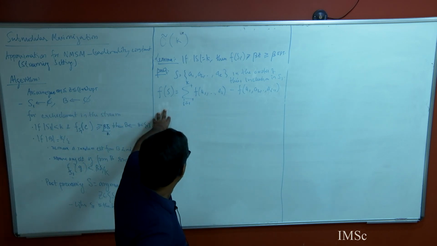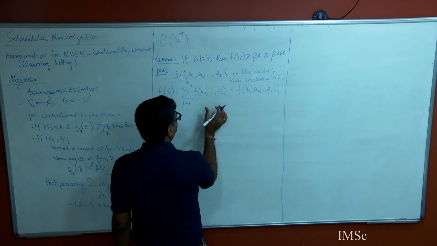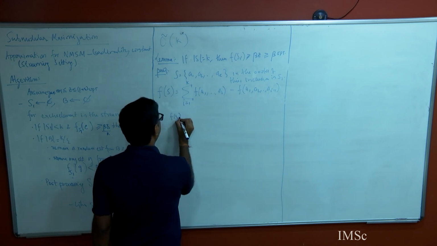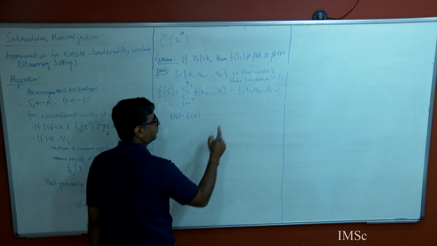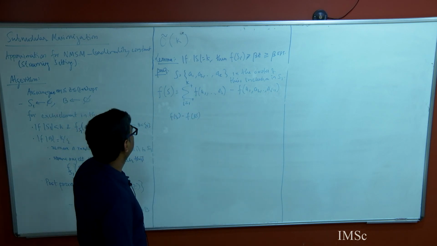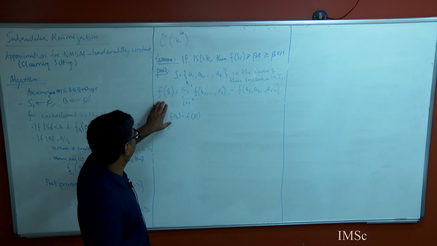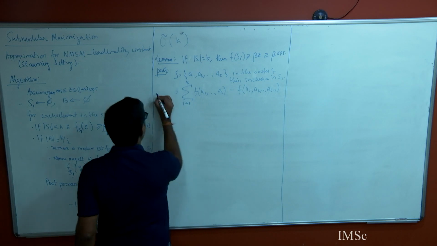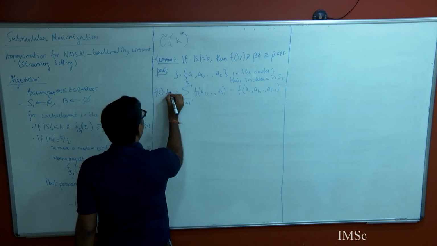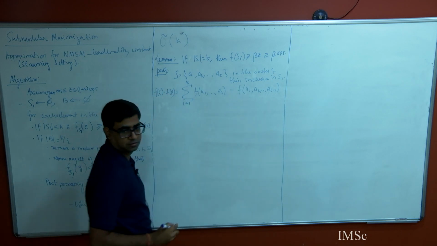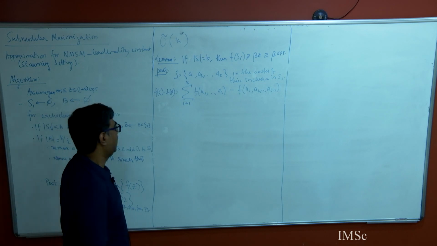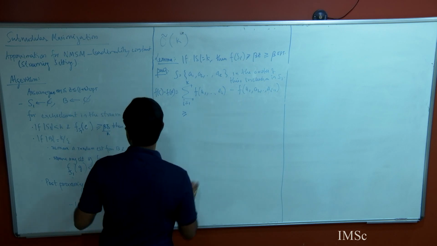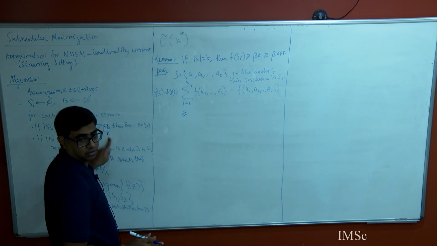Let's see. Everything will cancel, and what will be left at the end is f of s minus f of empty set. So I can say f of s minus f of empty set is this. And now each of these entries is at least beta z by k.